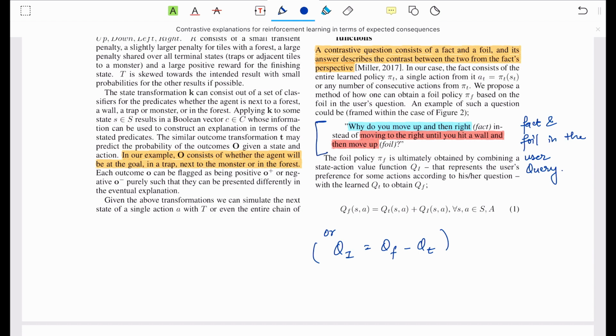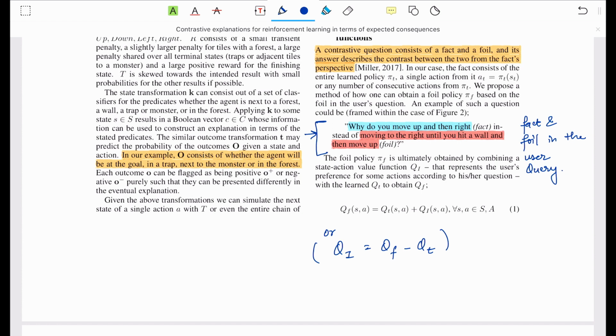In this example here, you can see the human can ask a question like why do you have to move up and then right instead of moving to the right until you hit a wall and then move up. You can see the sentence marked in blue is the fact, that is what the agent actually did, and the sentence marked in red is what the human expected the agent to have done.